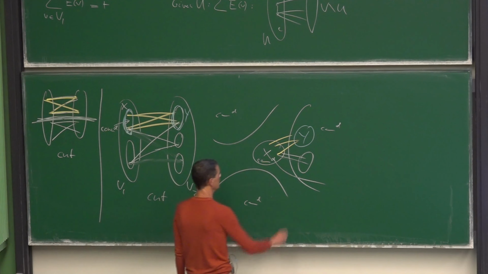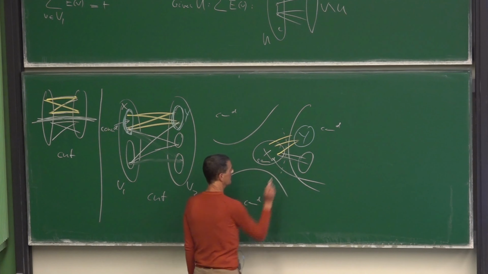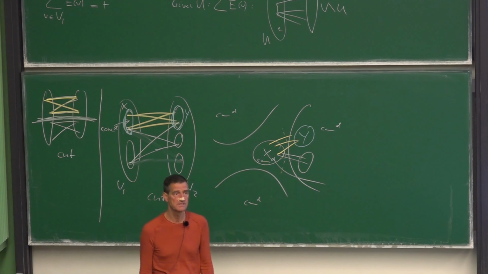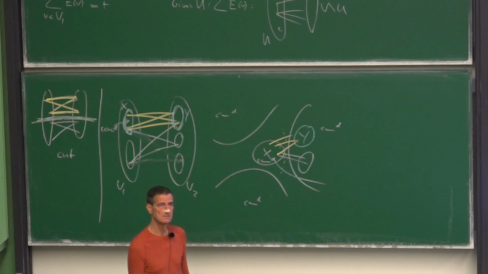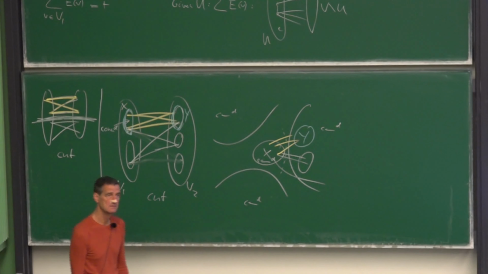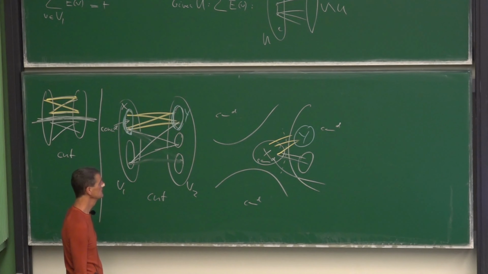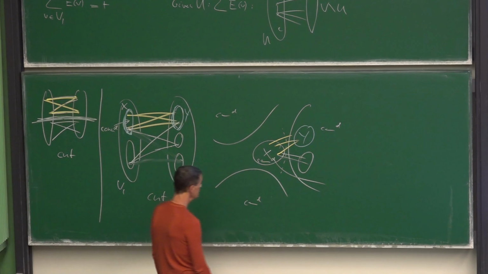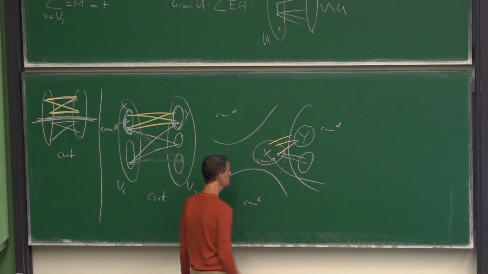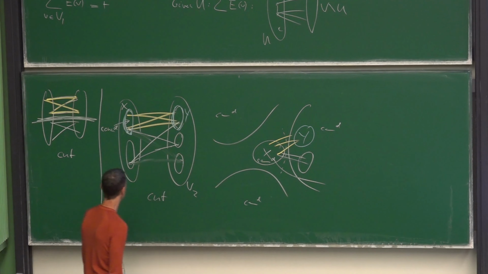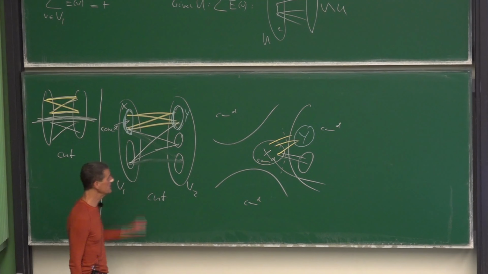Now, those edges certainly form a bond. Right? So where's the vertex partition that shows that it's a minimal non-empty cut? Well, it's non-empty because it contains the yellow edges. Ah, well, I didn't tell you that there are yellow edges.